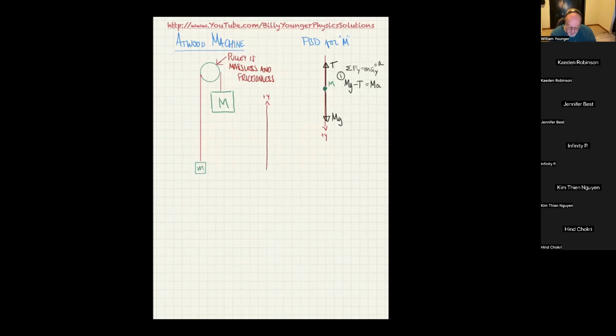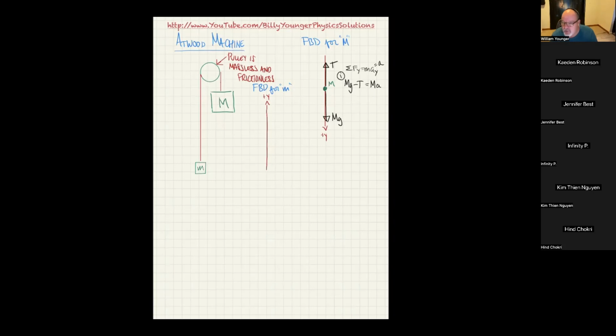Now I'm drawing a free body diagram for the mass little m. Okay. Notice this side I've got up being positive. So again, what I'm trying to do is say whatever the right-hand side does that is in the positive direction, anything that's consistent with that on the left-hand side needs to be positive as well.